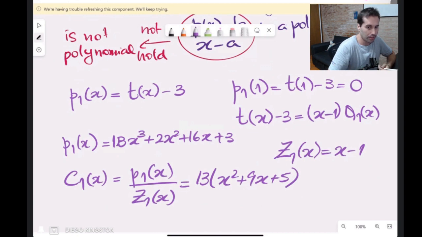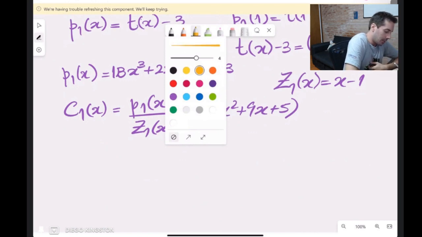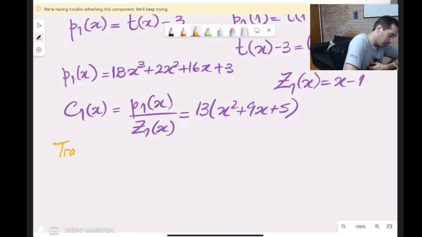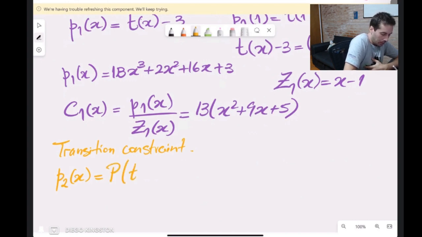Now we can move to the other constraint, which is the transition constraints. In general, for some problems, we will have more than one transition constraint, but the procedure is the same. So let us focus on the transition constraint. What we are going to do is generate P2 of x, where we will compose the transition constraint polynomial with the trace polynomial so as to enforce it on the trace.